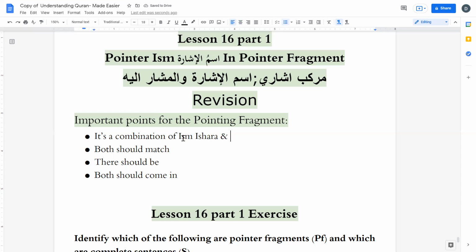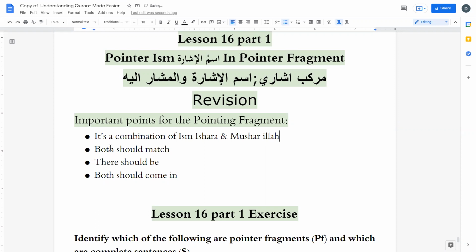Yes, you can write your answer. Ism ishara and mushar ilah. Mushar ilah can be any ism. Any ism can be a mushar ilah.